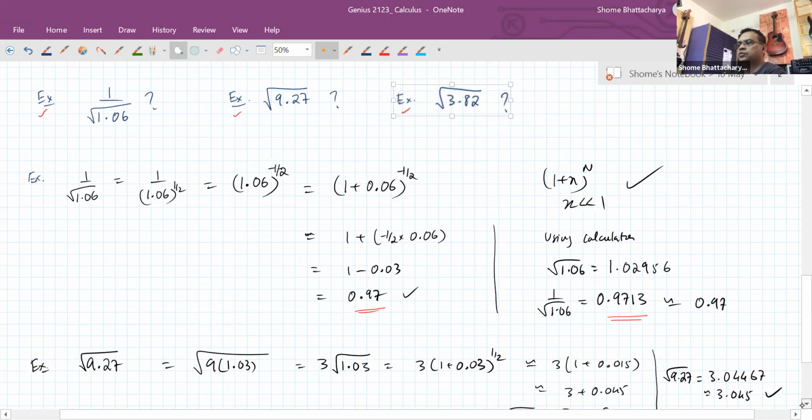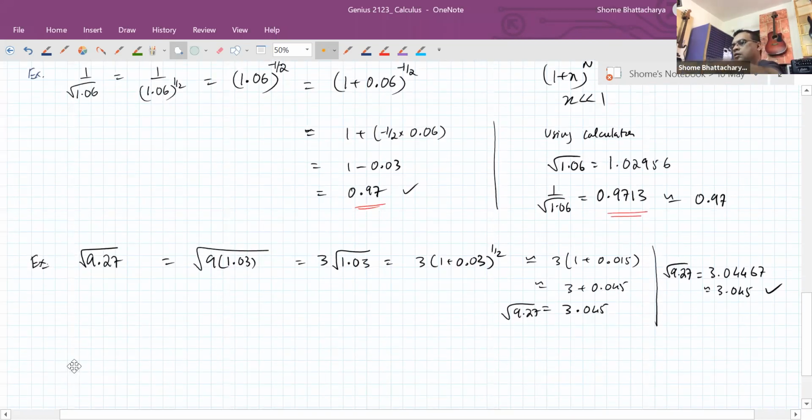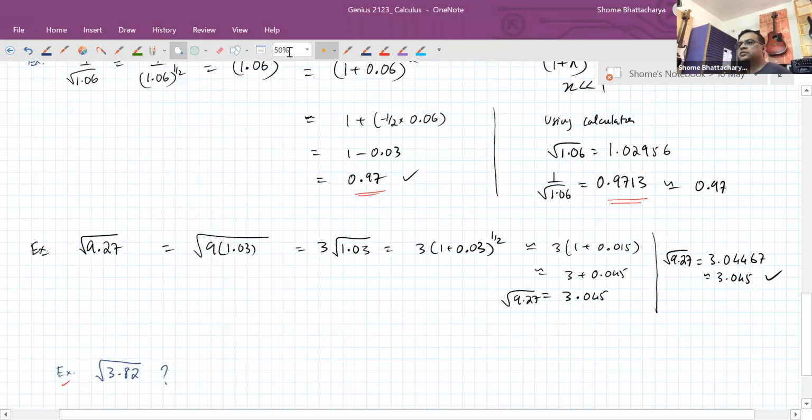Pick this up. Now, what is the manipulation we can use here? We can use a manipulation that this is square root of 4 minus 0.18, and that is further equal to square root of 4 into 1 minus 0.045.